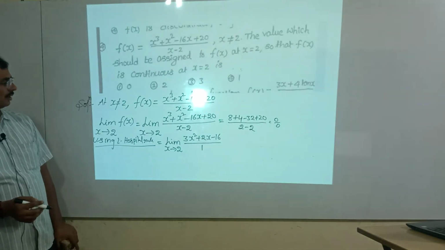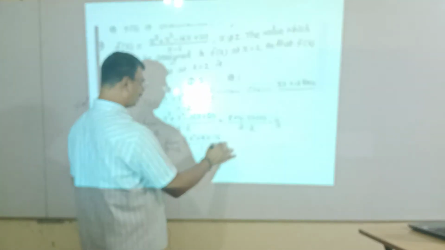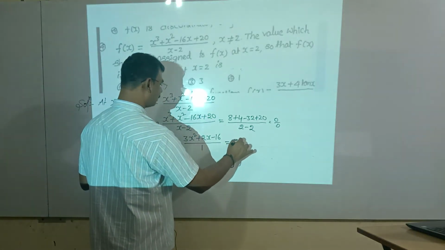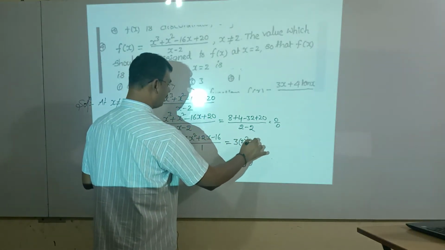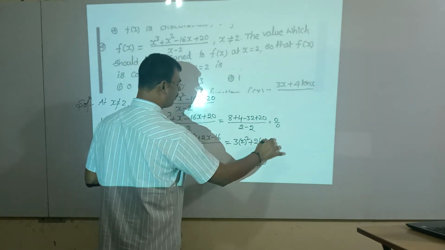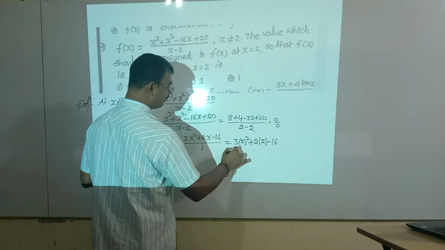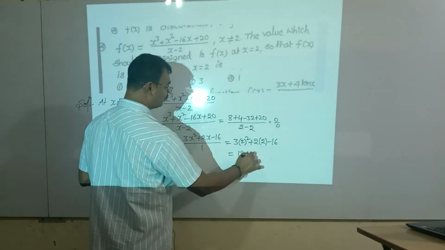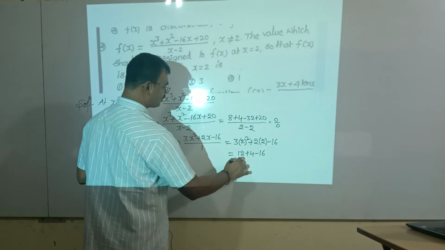Okay, now apply the limit: 3 into 2 square plus 2 into 2 minus 16. Simplify. 4 threes are 12, plus 4, minus 16, is equal to 0.